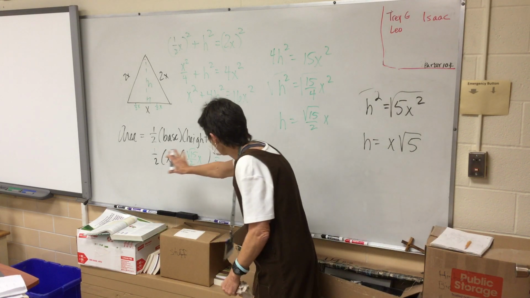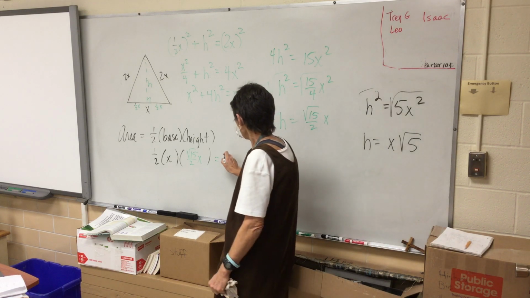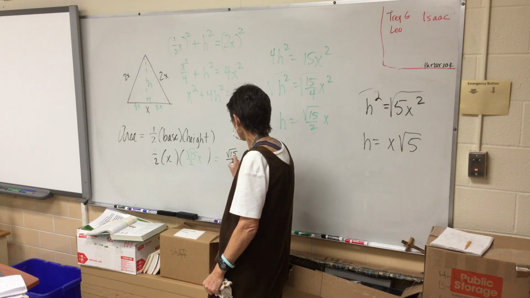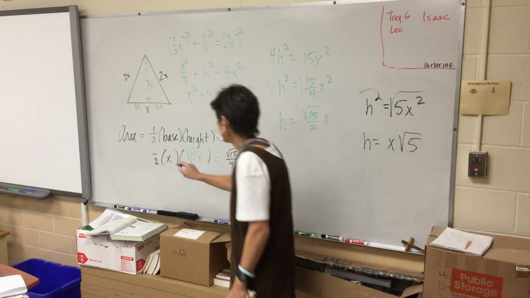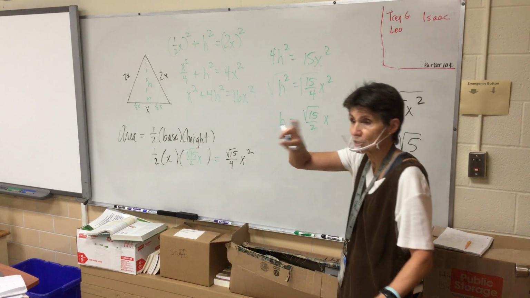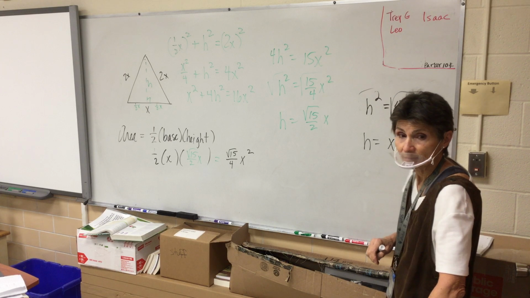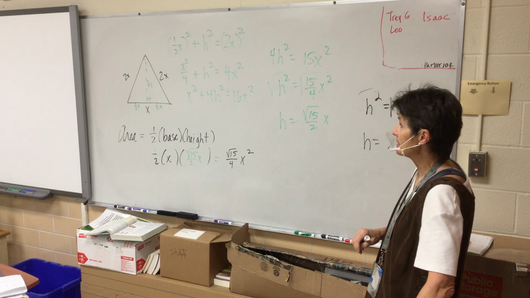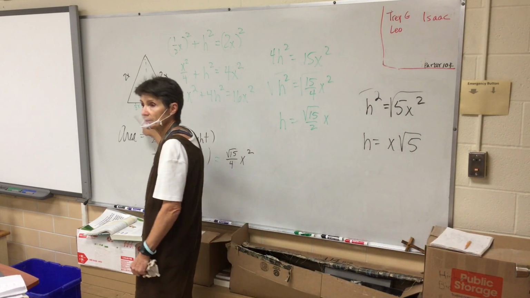So if I multiply all that together, what am I going to get? Right, which is going to be root 15 over 4 x squared, because I'm multiplying 1 times root 15 and 2 times 2. Remember when we multiply fractions straight across? And then x squared. That's it. That is the area of the triangle in terms of x.